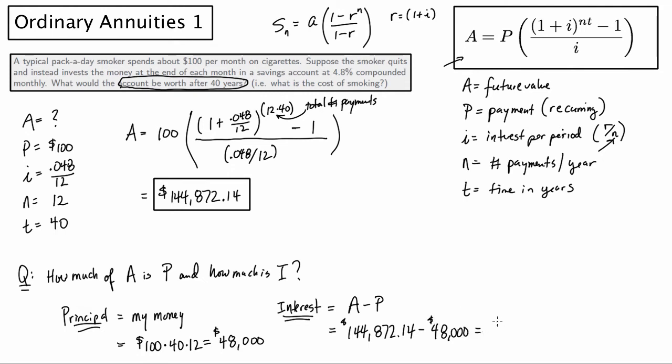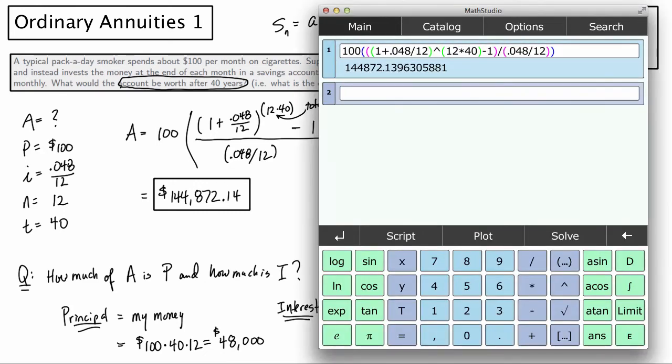And so when you subtract those two, so bring in the calculator once again. So we've got 144,872.14, and we're going to subtract the 48,000.